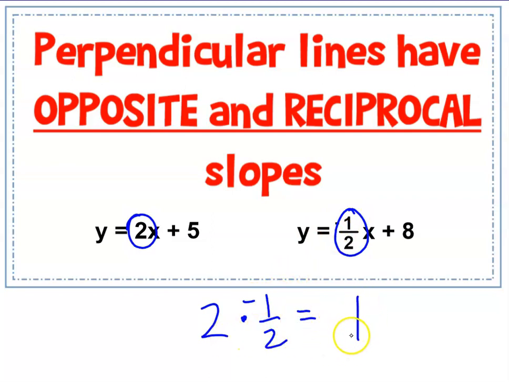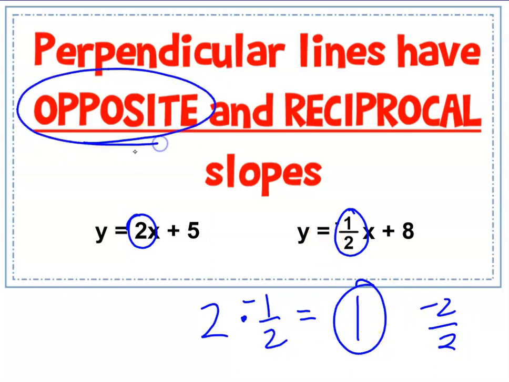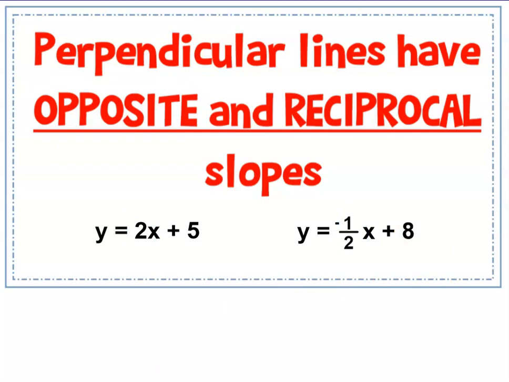Having a 1 value is reciprocal. Having a negative 1 value, that's what makes it opposite reciprocals. So again, the main idea today is that the slopes of perpendicular lines have opposite signs and reciprocal values.